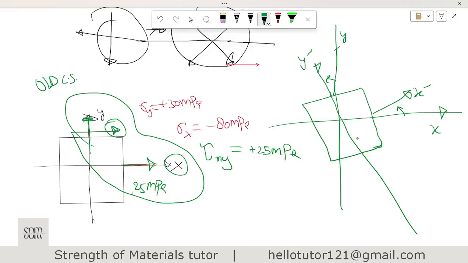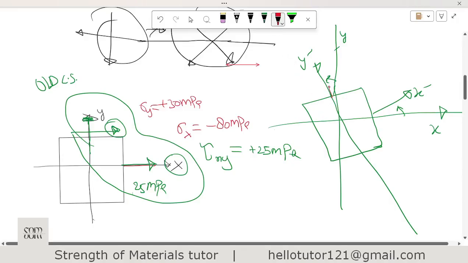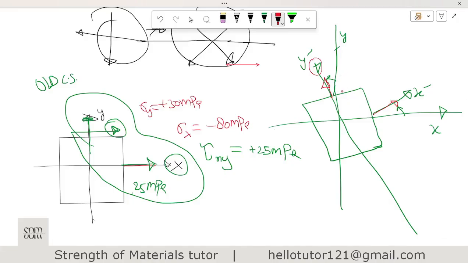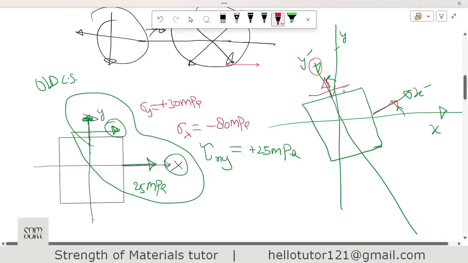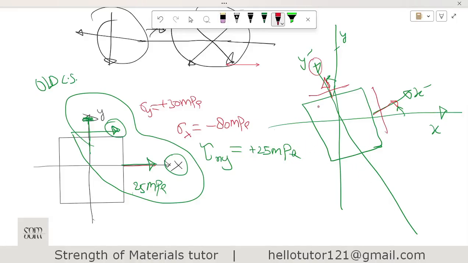Anyways, now for the stresses here, again the rule will follow the same. If the arrows are the same, they are positive. Now the bright side: again the stresses will be these two, and these two are complementary, they don't matter.